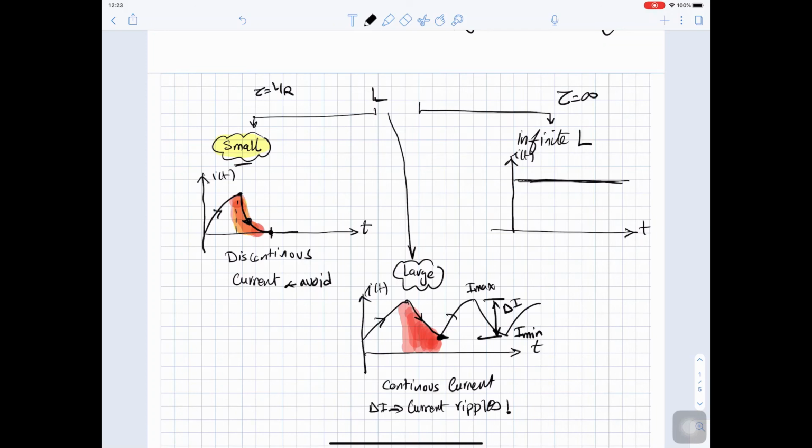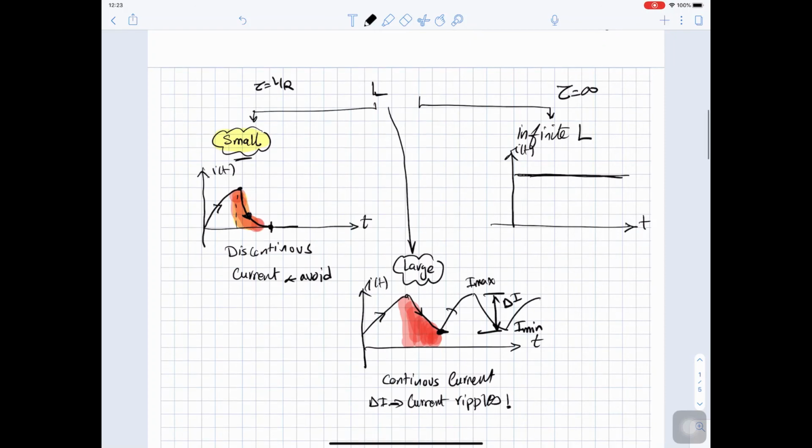It has high inertia to change, so the current will be constant. And this is the infinite inductance, or the term we use is the highly inductive case. So if the case is highly inductive, we will have this constant current, which we name level current or ripple-free current.